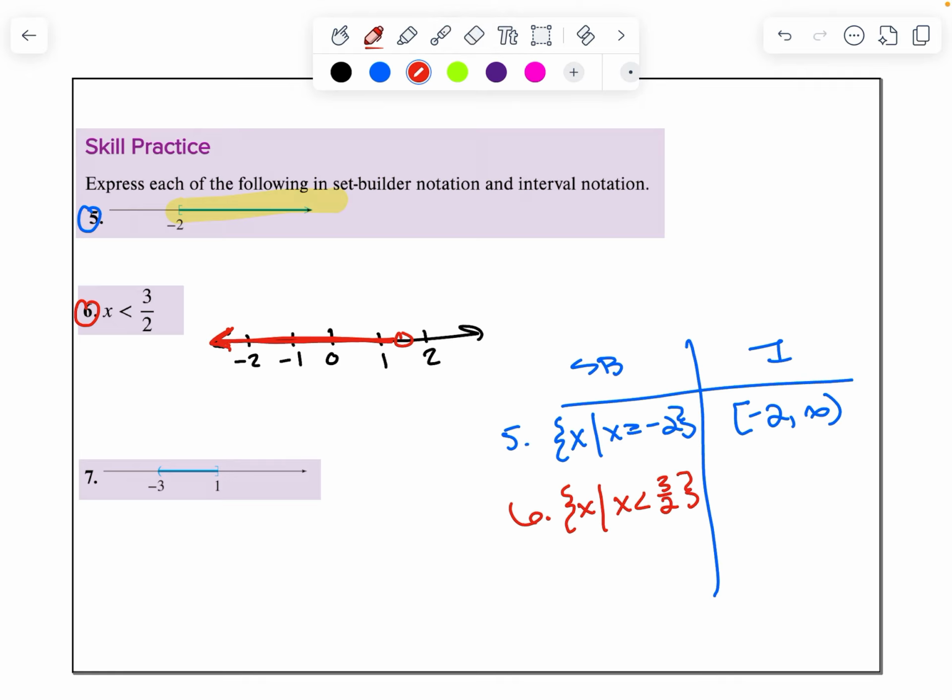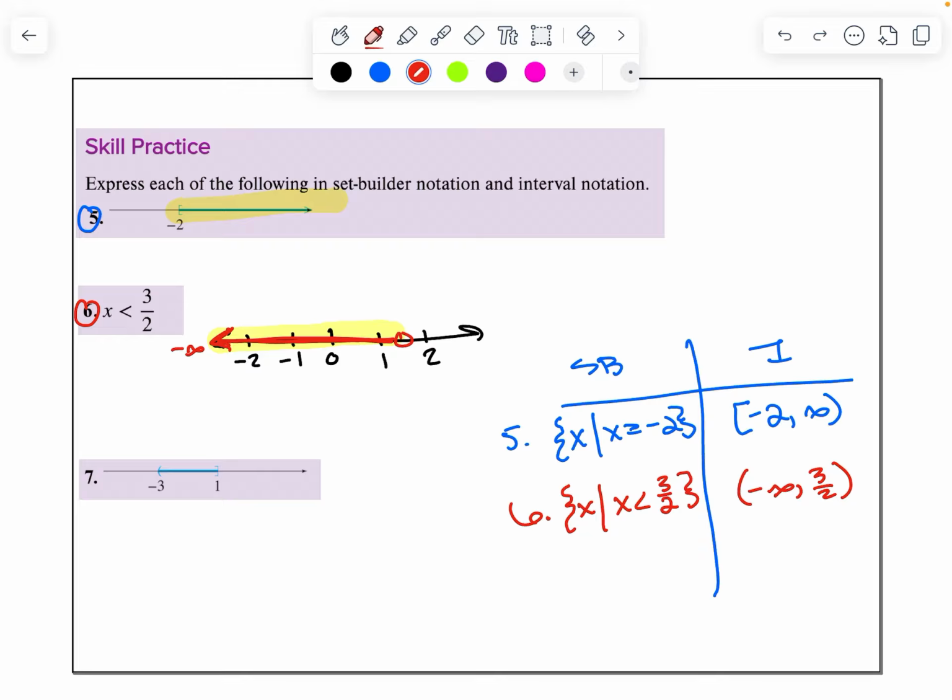And my interval notation, I'm shaded from left to right from -infinity to 3 over 2. I put a parentheses because the 3 over 2 is not included. Remember here, strictly less than means I have to use an open circle, which means I have to use parentheses.